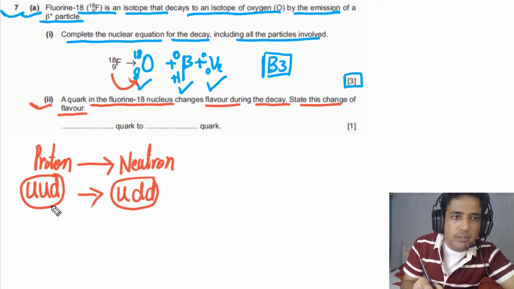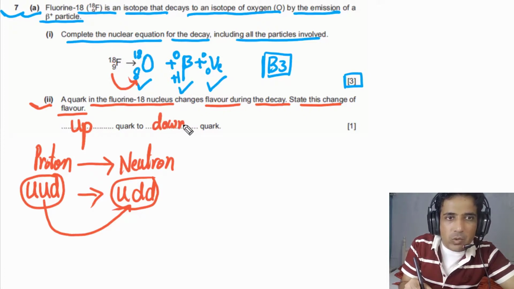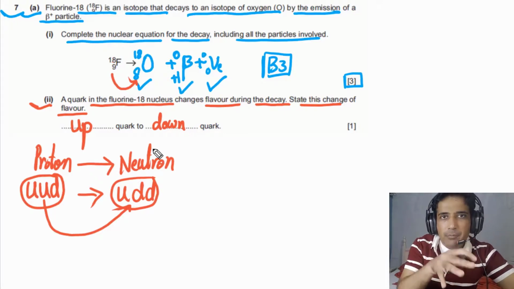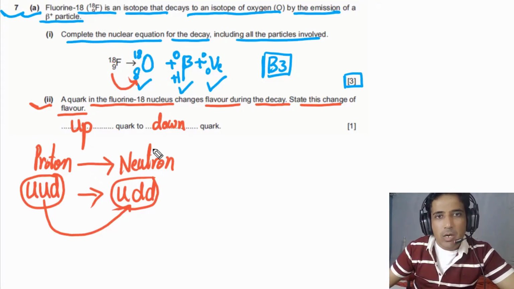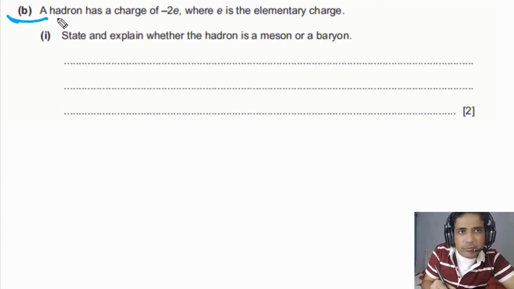It simply means that in this case, 1 up quark decays into 1 down quark. That's all what we need to write down for answer of this question. Or simply we can say up quark changes into down quark. And this question has only 1 mark. If you have written this one, you will get 1 mark, and this is B mark.